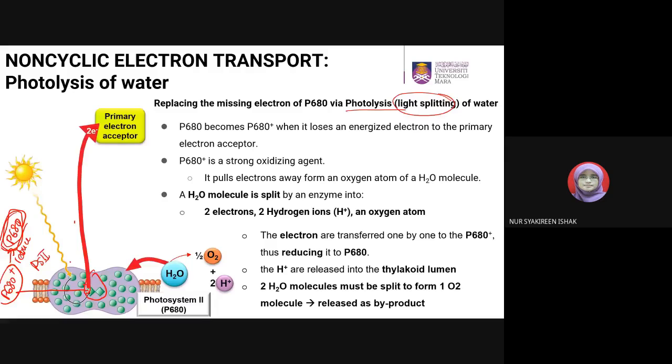Okay, so P680 becomes P680 plus. Okay, missing an electron. It is oxidized when it loses an energized electron to the primary electron acceptor. P680 plus, okay, is a strong oxidizing agent. Okay, it is a strong oxidizing agent.